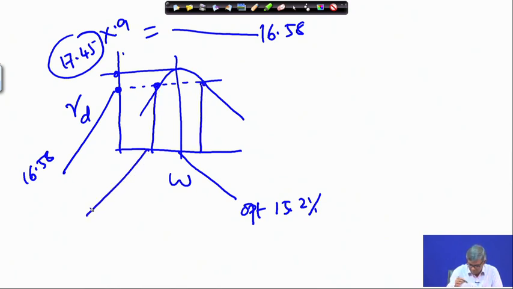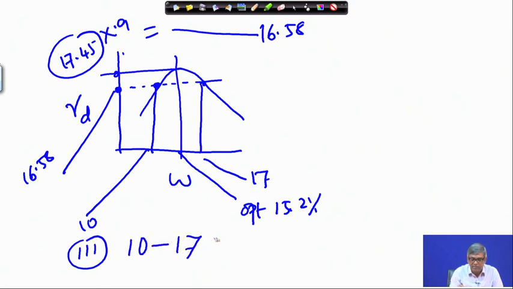This one is around 10 and this one is around 17. So the answer to the third question is that 10 to 17% water you have to add to achieve 90% relative compaction.